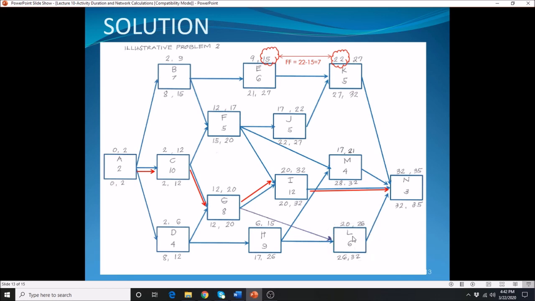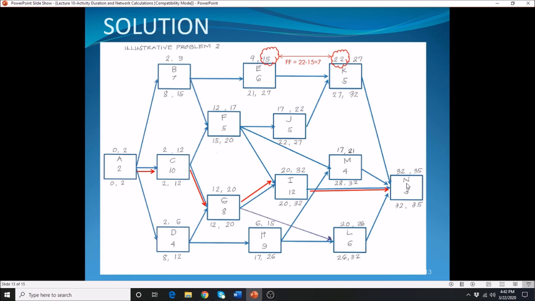Activity L is coming from G and H. Whichever is the maximum between 20 and 15, that's the value you carry over for the early start of activity L. So we have 20 plus 6 is equal to 26.